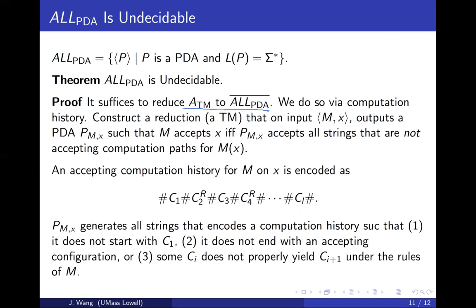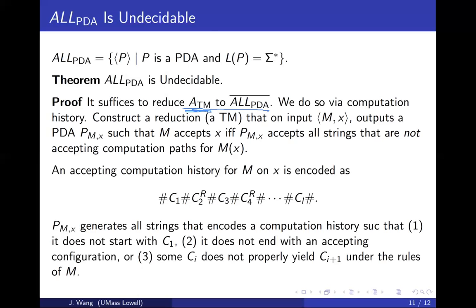First we construct a reduction, which is a Turing machine that takes an input which is an encoding of a Turing machine M and X, the input for A sub TM. Then it produces a PDA. The output is a PDA, which we call P sub M comma X.